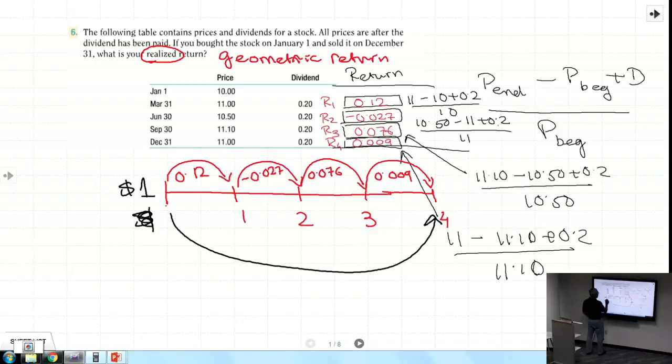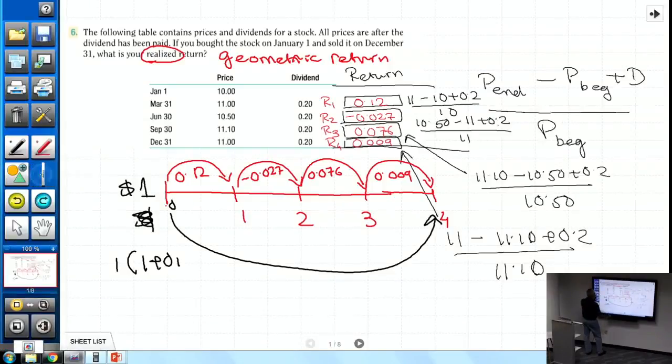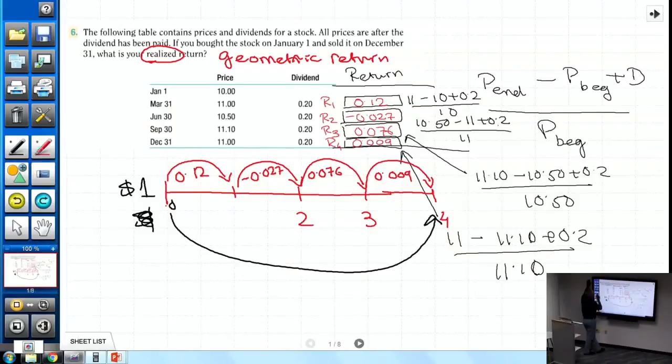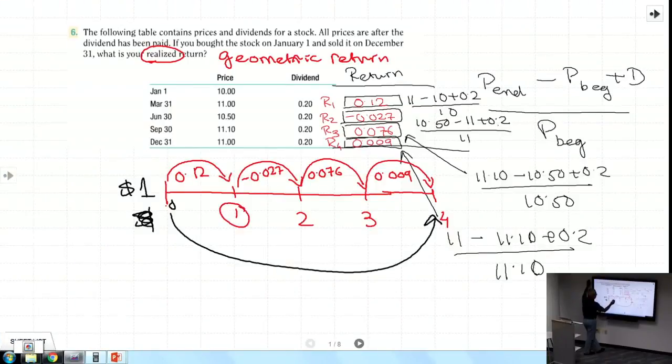Well, the dollar from time 0 would grow to 1 plus 0.12. Essentially it will be the future value. So the future value of $1 at the end of the first period would be 1 plus 0.12, that's $1.12.